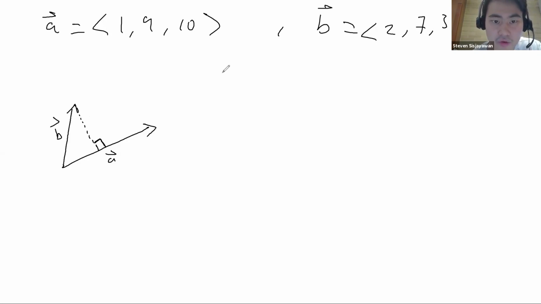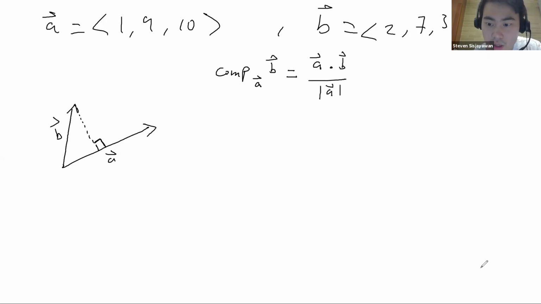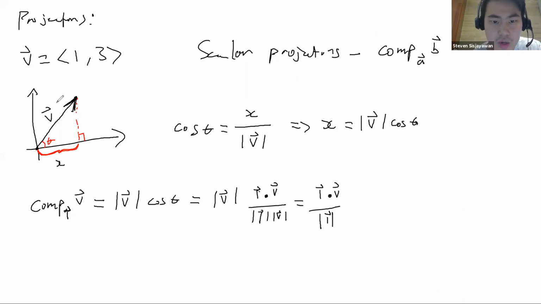So going back to that formula, we have comp of B onto A, since I'm trying to find a projection on A, which is the same thing as A dot B all over the magnitude of A, okay? And this is basically the same thing we covered here with the scalar projection.